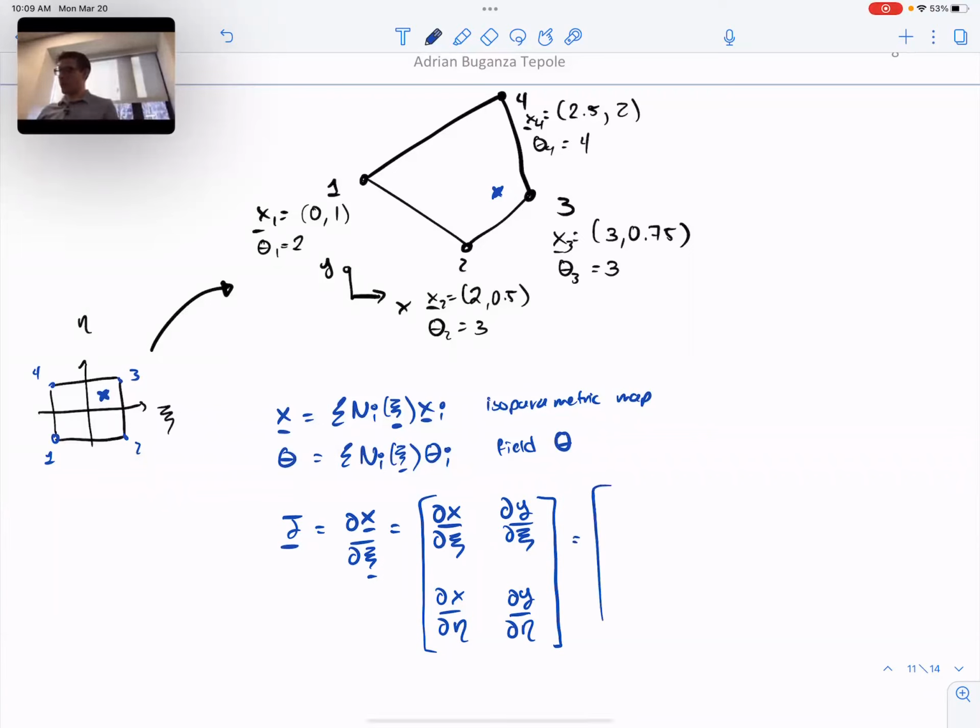I'll code all of this in a sec. So this one is just the sum of the partials with respect to eta of the xi, and the partials with respect to eta of the yi.